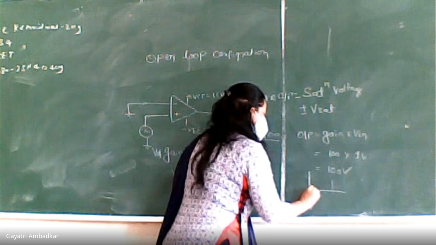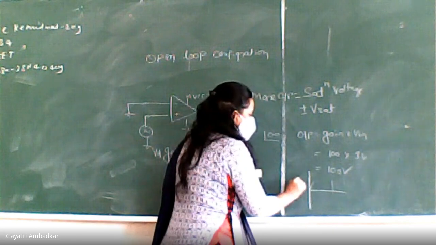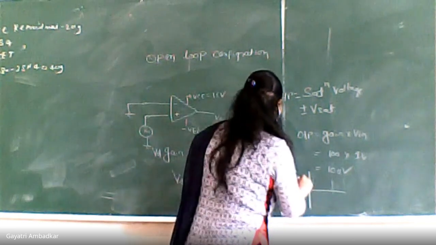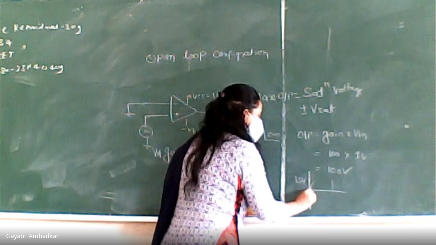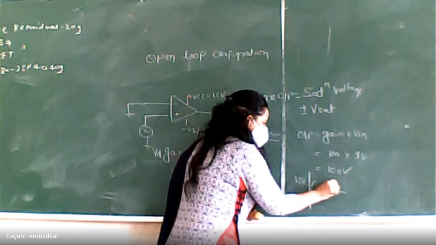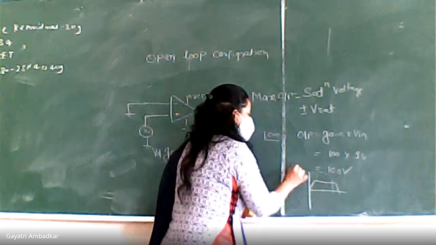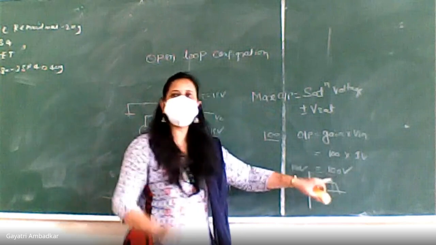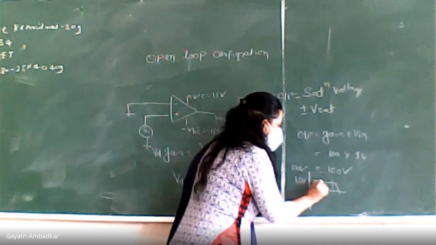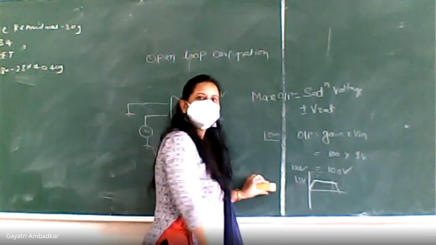The signal which you are supposed to get up to 100 volts, moment signal reaches 15, you will get the maximum output equal to 15 volts. So signal will get amplified up to 15 volts and above that whatever part is there will be clipped. If it were going to be 100 volt here, the entire upper portion would be cut. Moment signal reaches up to 15, op-amp is saturated and you get maximum output, right?